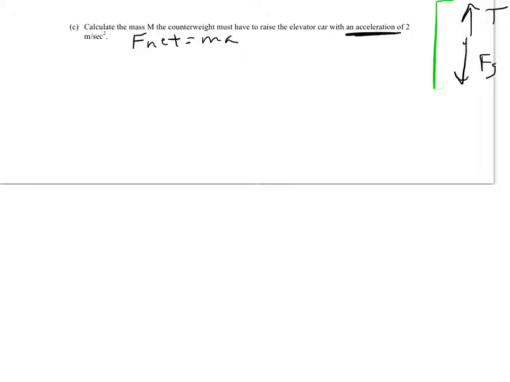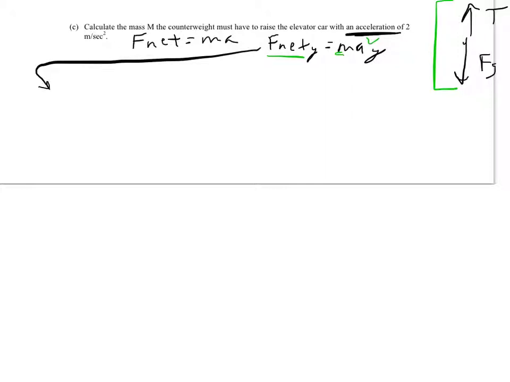Okay, finally got it to work. Tension minus force of friction left, which is pointed down, so F left, minus Fg, minus F right, equals mass times acceleration in y.